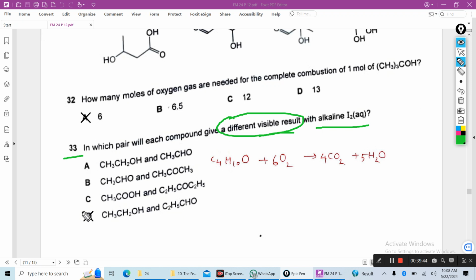D is the right answer, because ethanol gives a positive test with alkaline iodine, but propanol does not give this test. So you can distinguish ethanol and propanol by reacting with alkaline iodine solution.